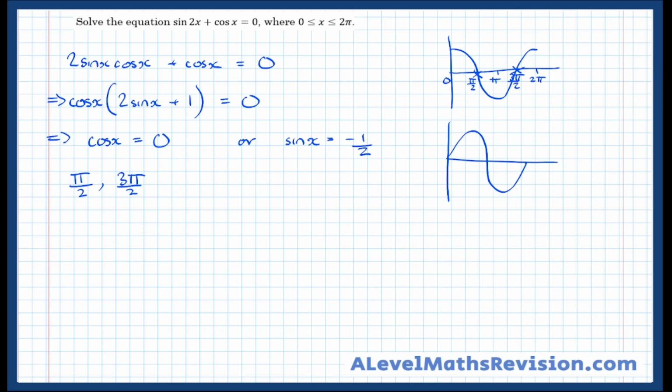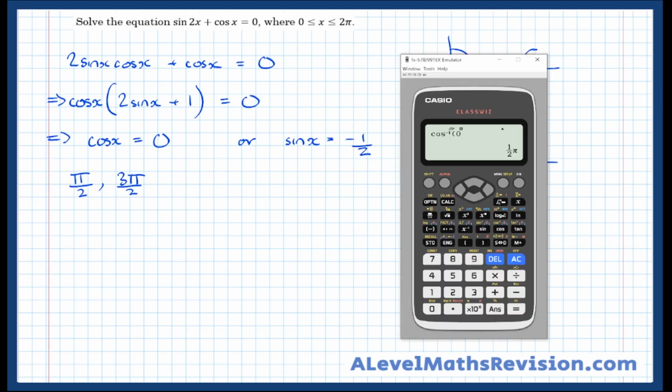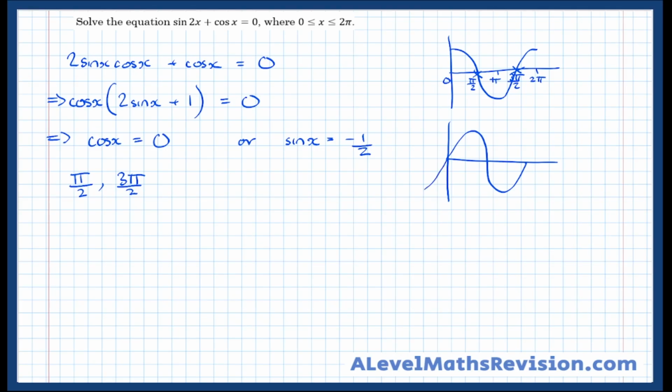like that. So inverse sine, the arc sine of minus 1/2 is minus 1/6 pi. So we're going to extend this a little bit. So minus 1/6 pi roughly there. So there's two corresponding solutions. So it's pi plus 1/6 pi and 2 pi minus 1/6 pi.